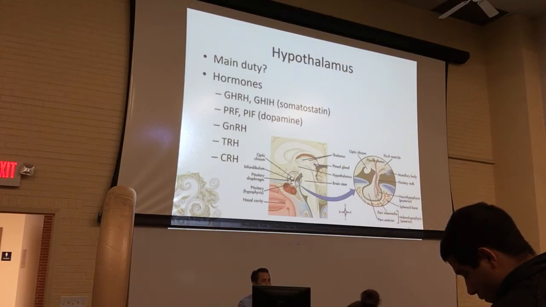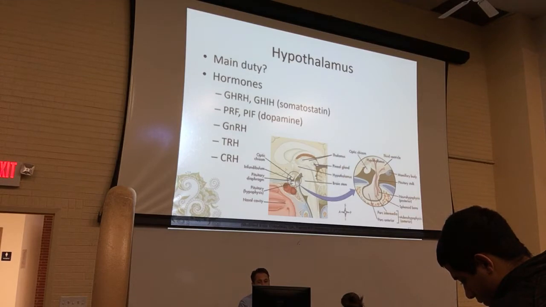PIF, prolactin inhibiting hormone, also referred to as dopamine. Gonadotropin releasing hormone, thyrotropin releasing hormone, and corticotropin releasing hormone, CRH.